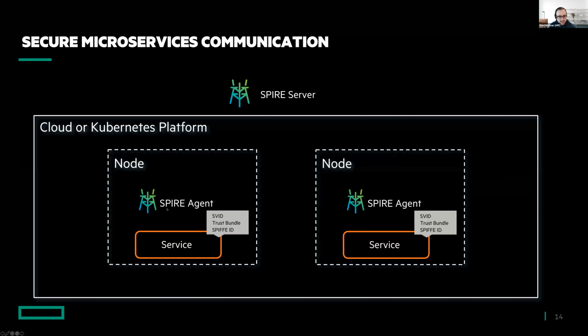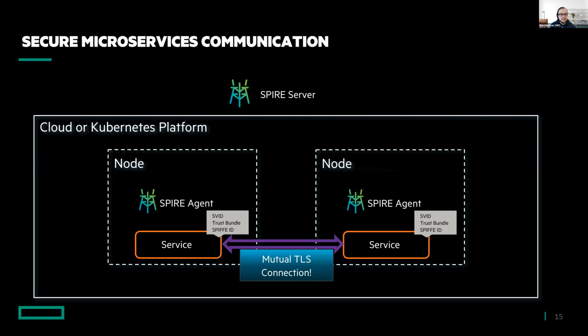This is just a daemon set in Kubernetes terminology. And it's giving each service its SVID, its trust bundle, and its SPIFFE ID. This side also has its SVID, trust bundle, and SPIFFE ID. And then remember, one of the formats that's available for those SVIDs is an X509 certificate. So then these services can simply establish a mutual TLS connection.